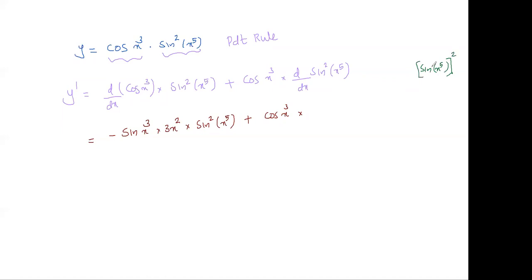Sin square x to the power 5 मतलब sin x to the power 5 the square. So it is of the form x square form. x square का derivative 2x. So it is 2 sin x to the power 5.